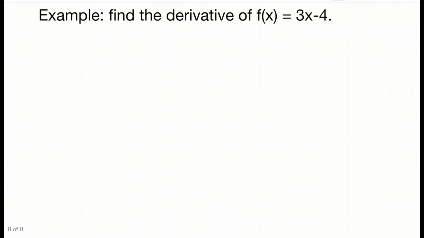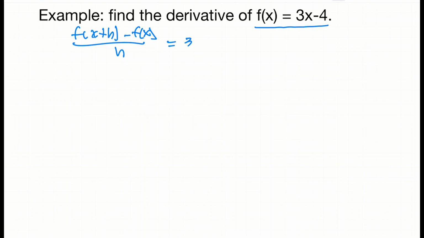I'm going to do one more example. So let's look at f of x plus h minus f of x over h. In this case, our f of x is equal to 3x minus 4.